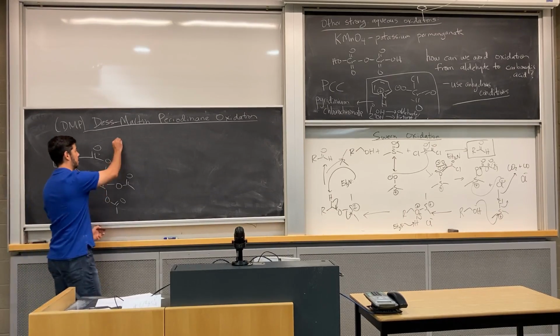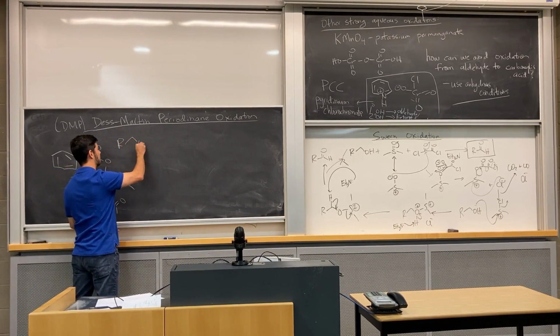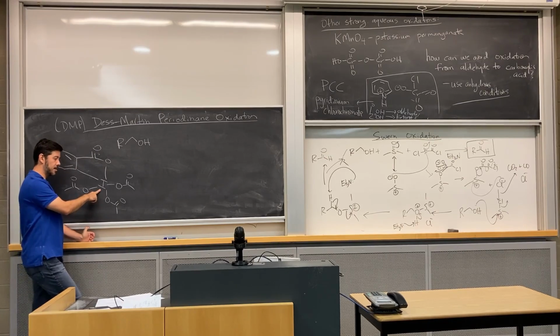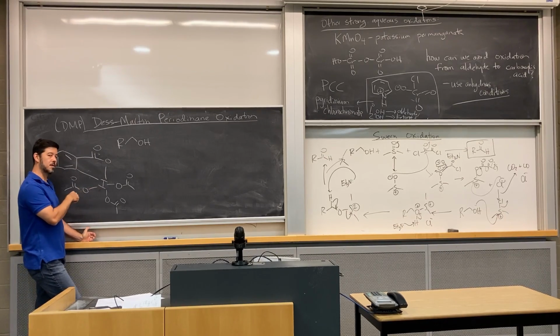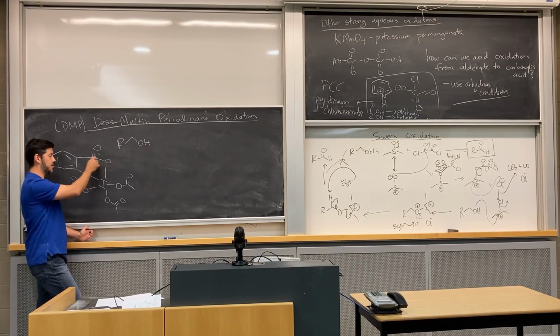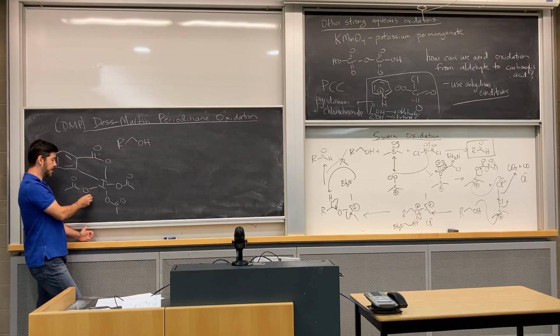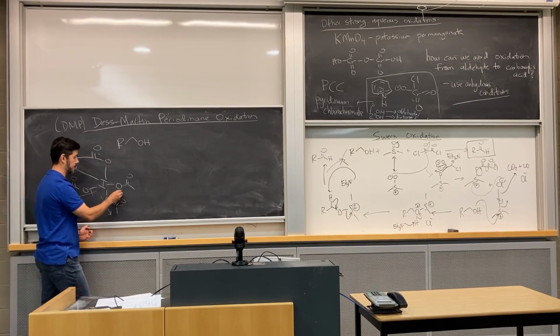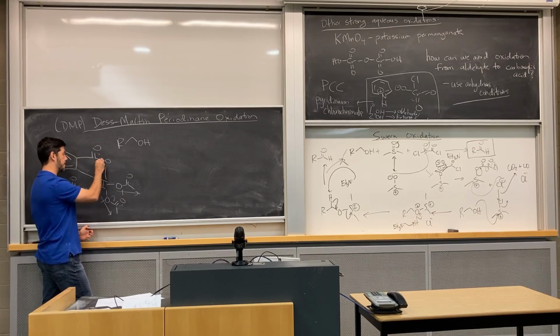How does it work? Okay, so we have this pentavalent iodine, and what's attached to most of the groups are these acetate groups, even up here through this cycle. In all these acetate groups, you know that there's resonance occurring this way in all of them, right? So electron density is being pulled through all of these, okay?